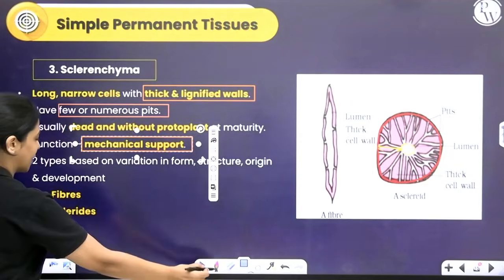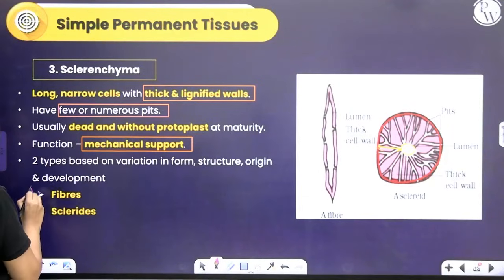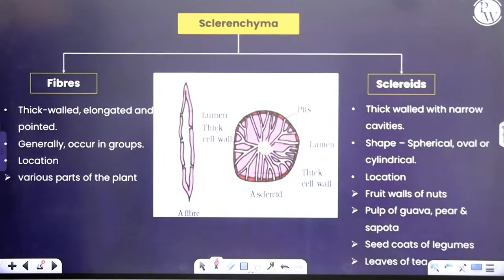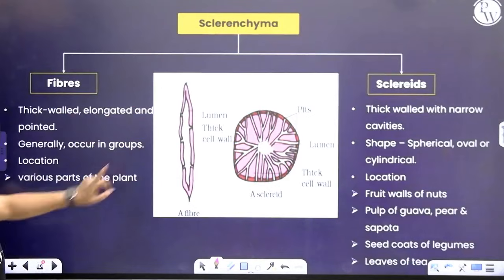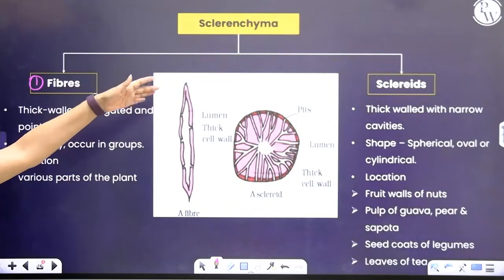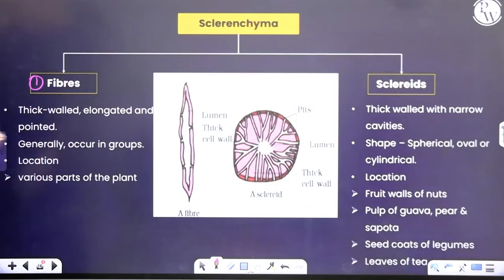You have two types of sclerenchyma. One is fiber, the one to the left, and the other one is sclerites. Fibers are generally elongated with tapering ends, and sclerites come in different shapes. Okay, so first let's talk about fibers. Regardless of whether it's fiber or sclerite, sclerenchyma is thick walled.